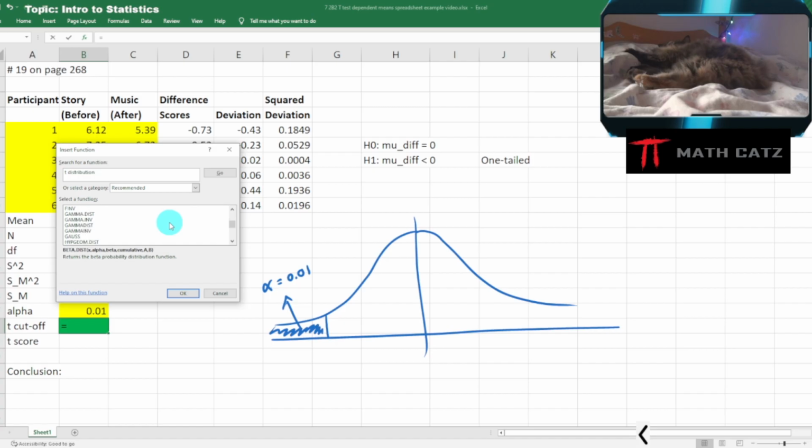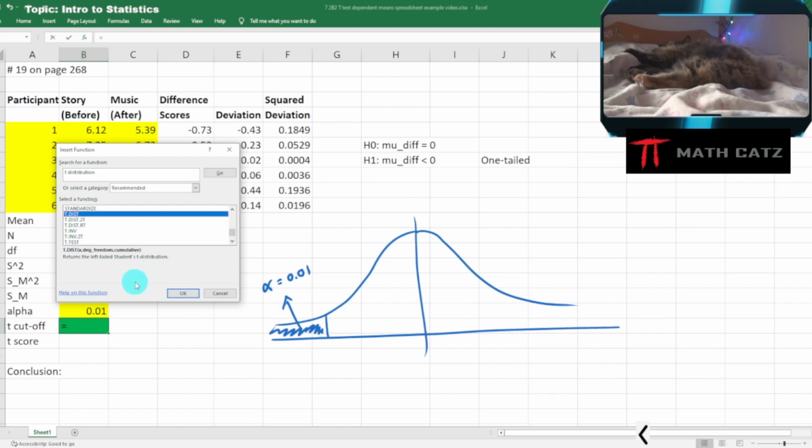I'm going to scroll all the way down almost to t distribution. I know it's a little small, I can make this bigger. I have t distribution, two-tailed, right-tailed. Let's look at what t distribution says. It's taking an x, the degrees of freedom. It's a cumulative distribution, and it returns the cumulative probability.